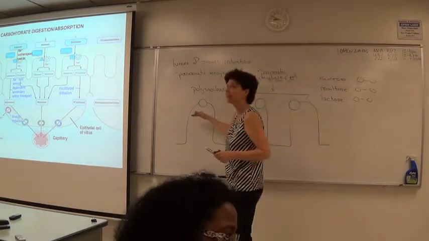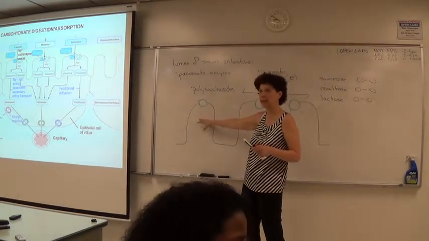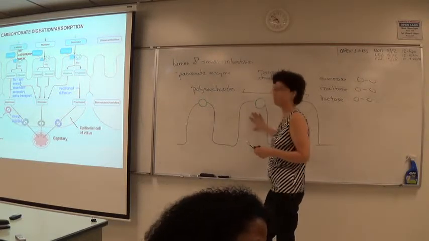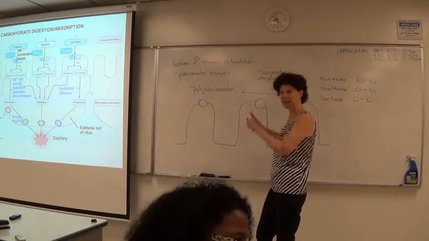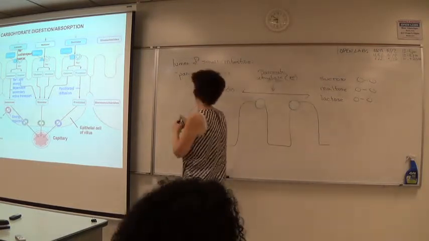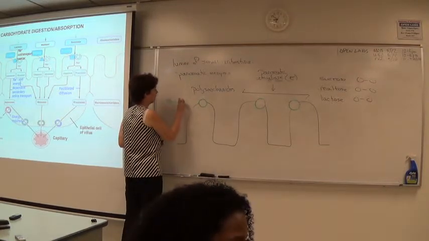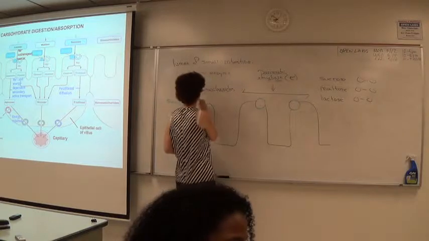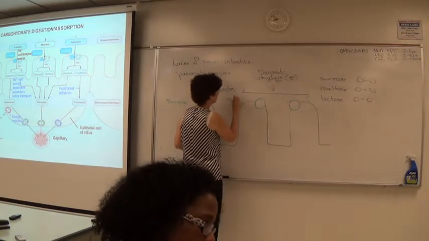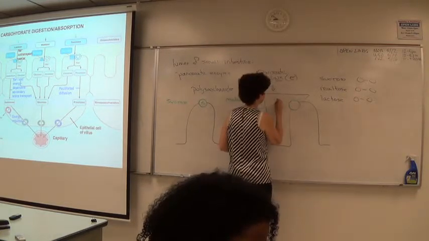Now, this is a schematic diagram, all right? It doesn't mean that we only have lactase on one microvilli, and then sucrase has to be on another. This is just so we can spread out the activity. It's going to be all over the place, all right? So, sucrase, maltase, and lactase.